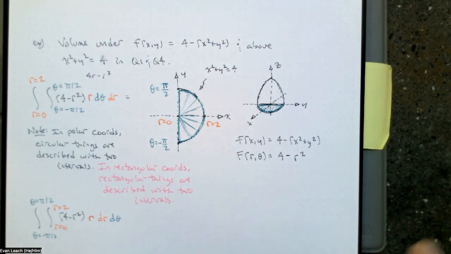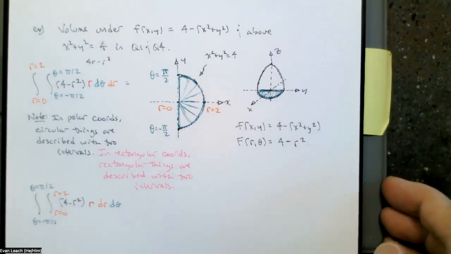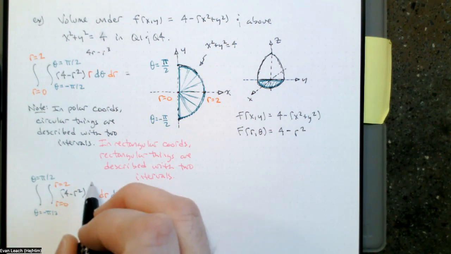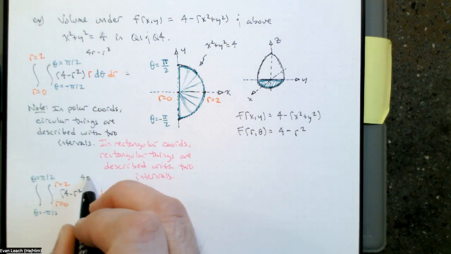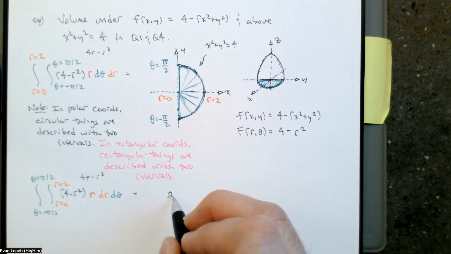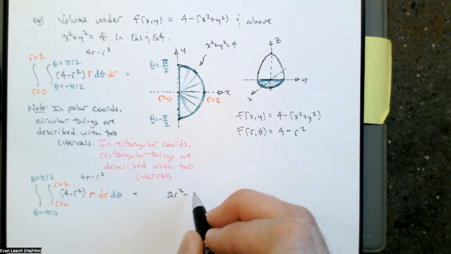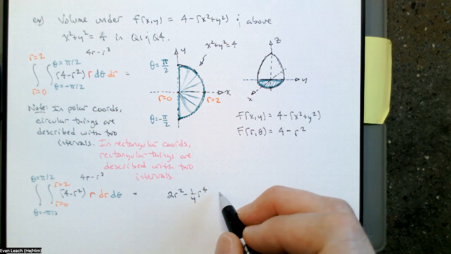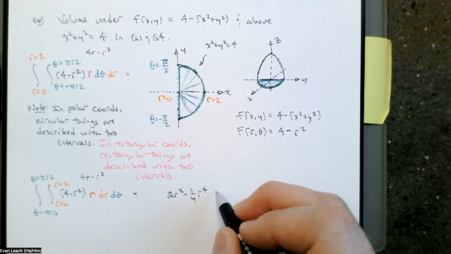But in my mind, I was doing this one first. So we're going to read 4 minus r squared times r as 4r minus r cubed. So we integrate with respect to r, and we get 2r squared minus 1/4 r to the fourth. And then I need to evaluate that from 0 to 2.